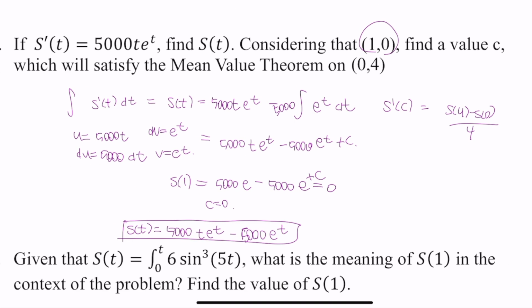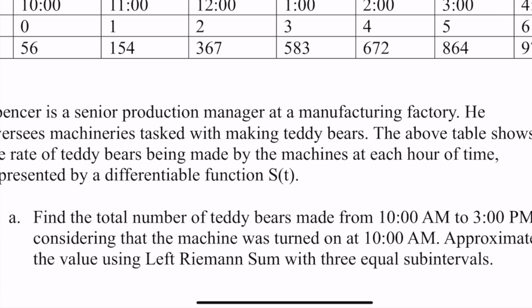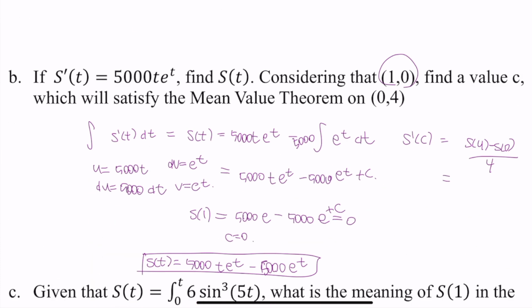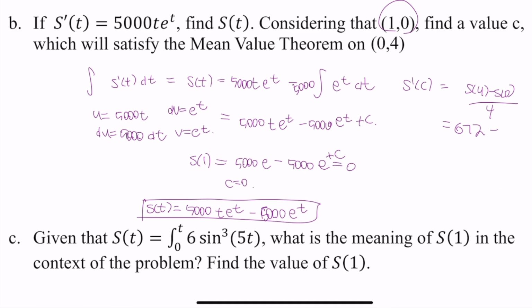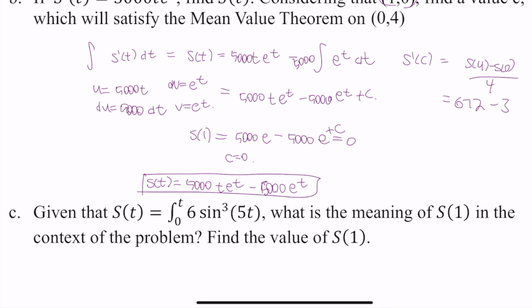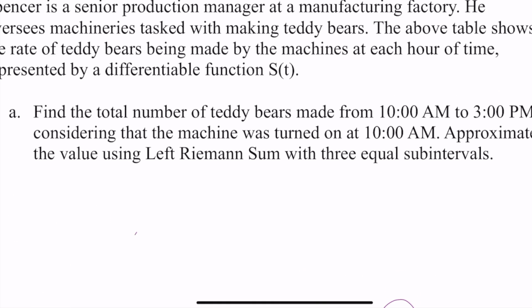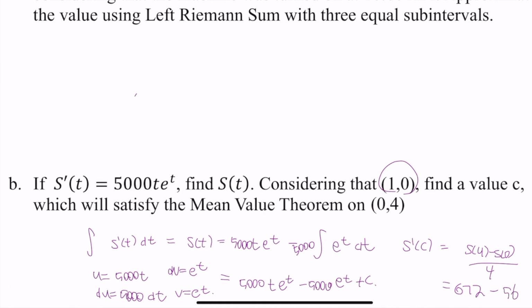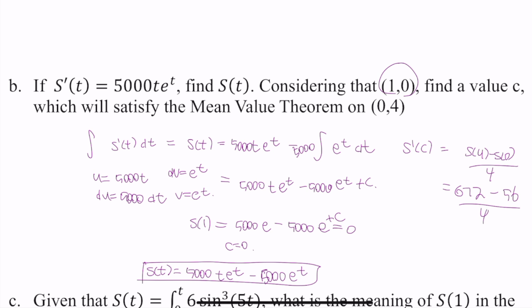Looking back, s of 4 was 672 minus s of 0, which will be 56, all over 4, and for that value we got the answer of 154. So s prime c is going to be equal to 154.